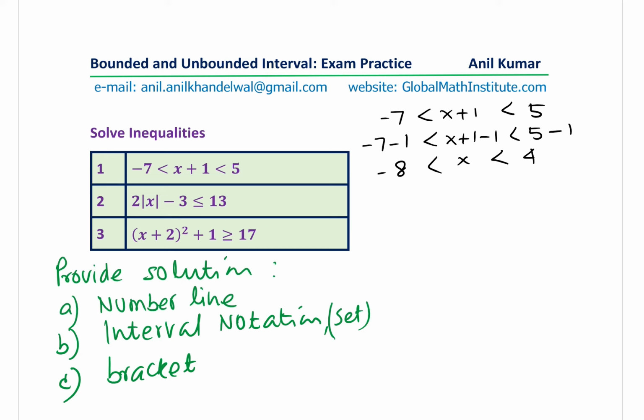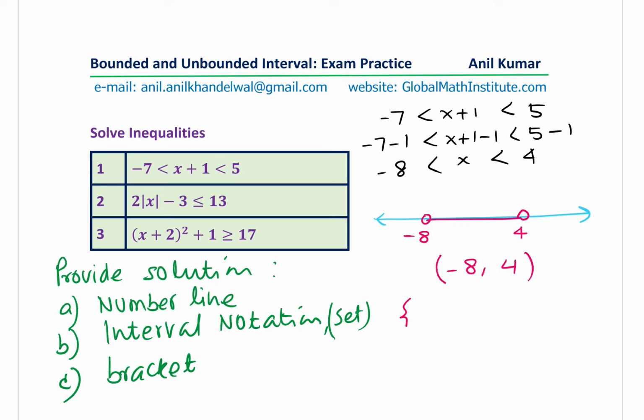Now this answer you could represent on a number line as the interval. So this is a finite, bounded interval between minus 8 and 4, right? So we have from minus 8 to 4, which is not included. You could also write this, with the bracket being a circle, not the square bracket, as minus 8 to 4.